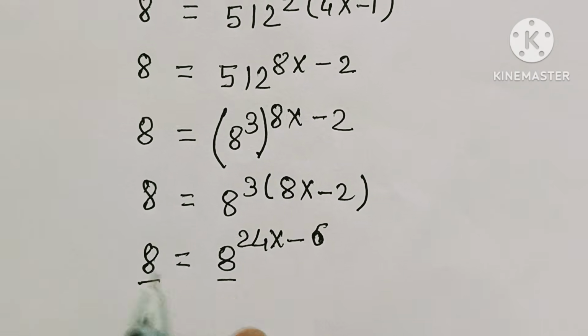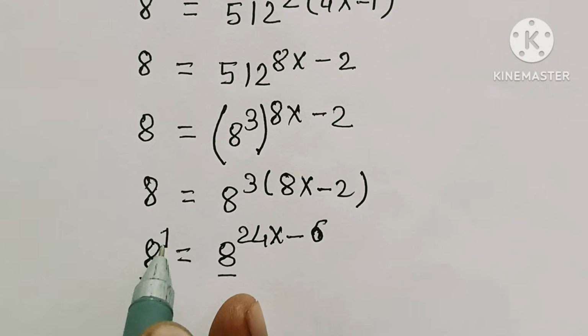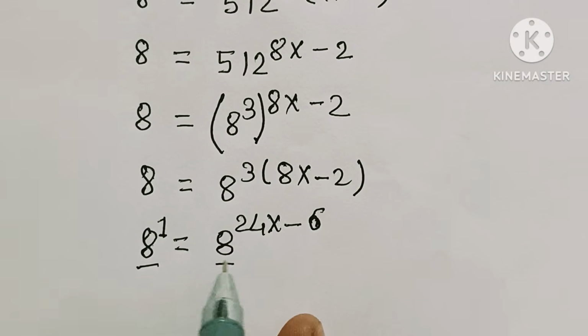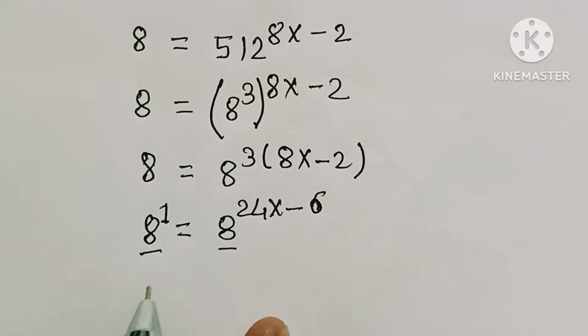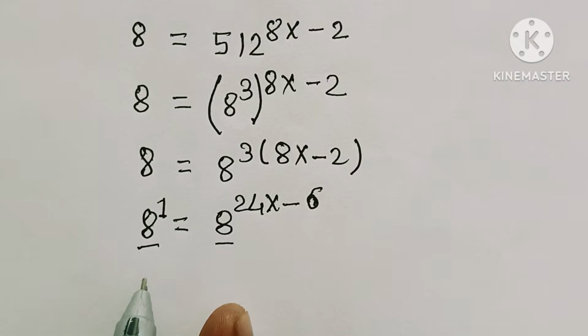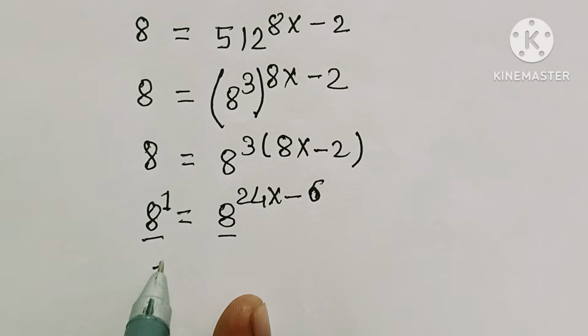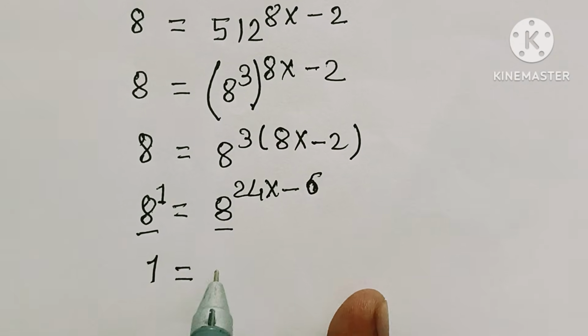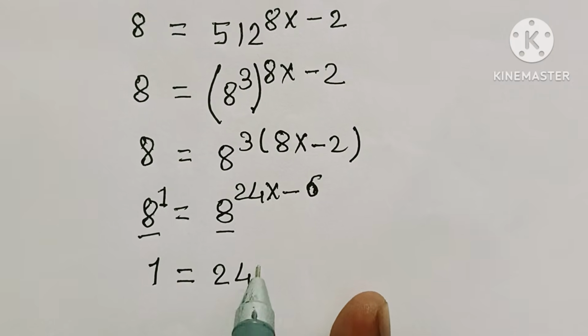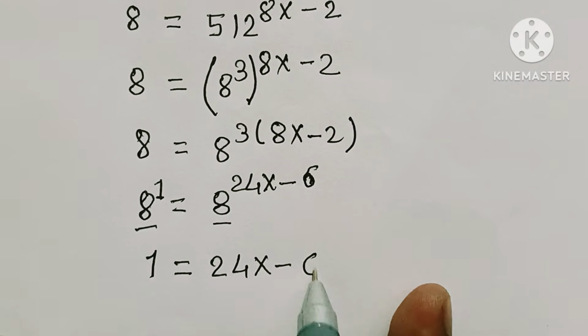Bases are the same, so powers are also the same. Here the power is 1, so 1 equal to 24x minus 6.